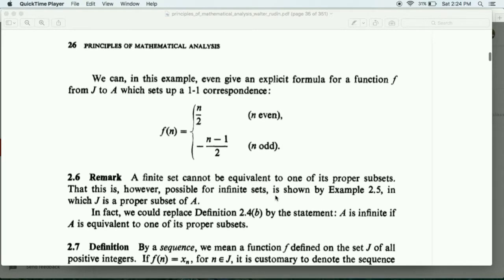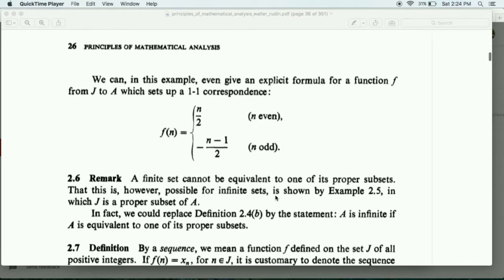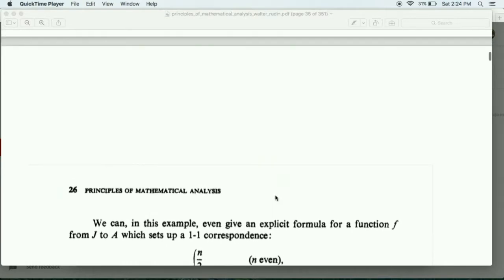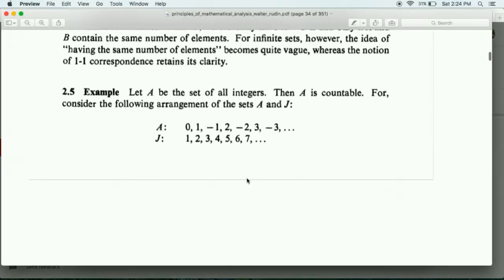Now we see that A over here is an infinite set, and so is J. But A is a bigger set because it contains all integers, and J is a smaller set because it contains only the positive integers.